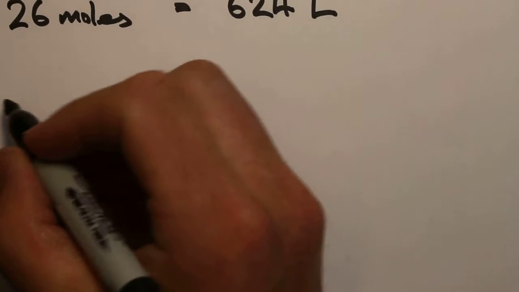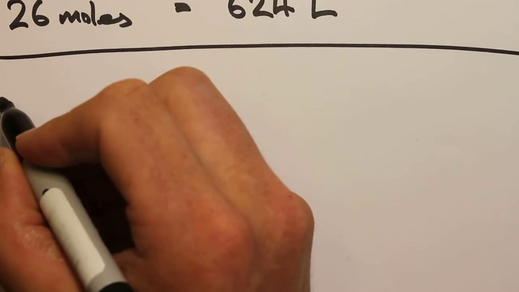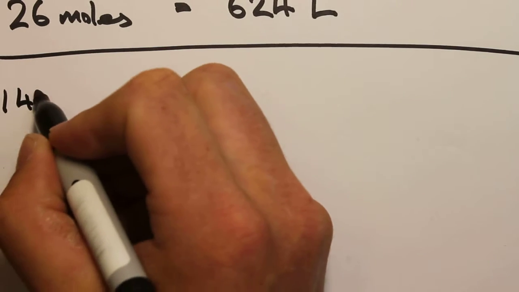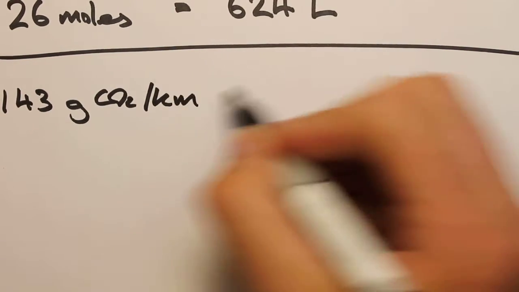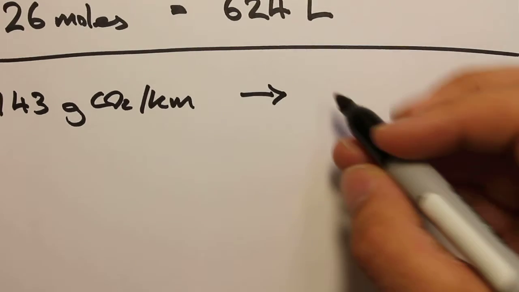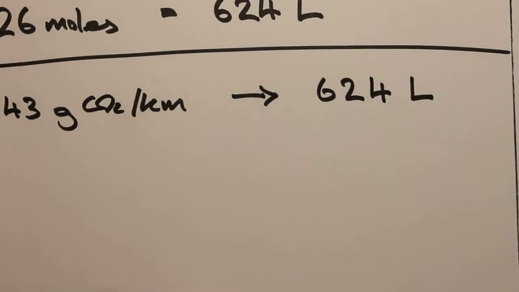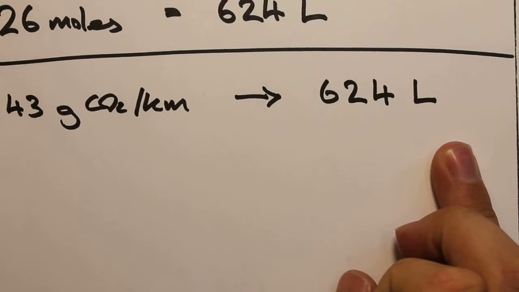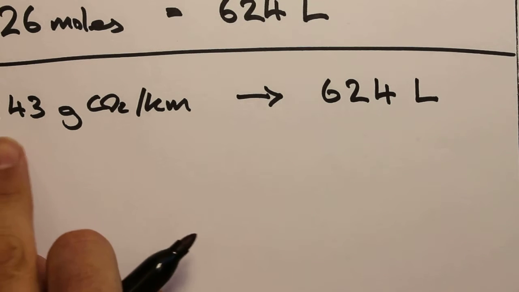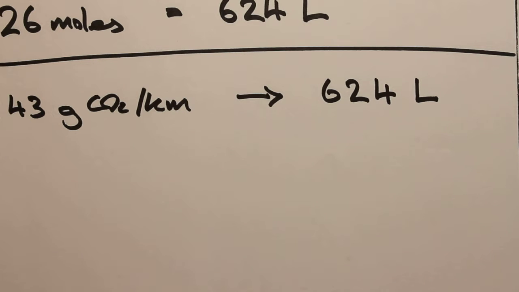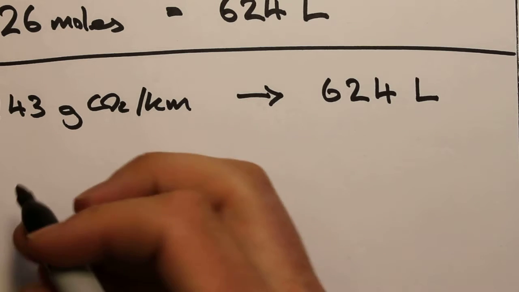Because we know from the question we just did that 143 grams of CO2 per kilometre gave us 624 litres. So we've got a ratio here that we can use. We're going to divide both sides by 143 and find out what volume 1 gram of CO2 per kilometre would give us in litres.